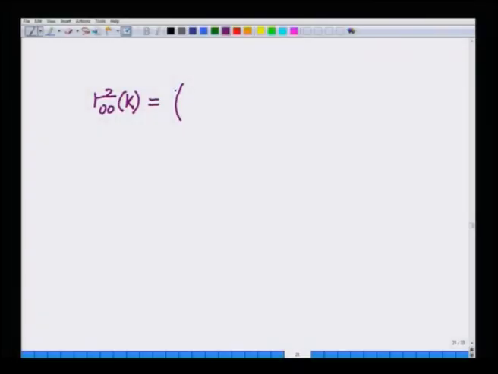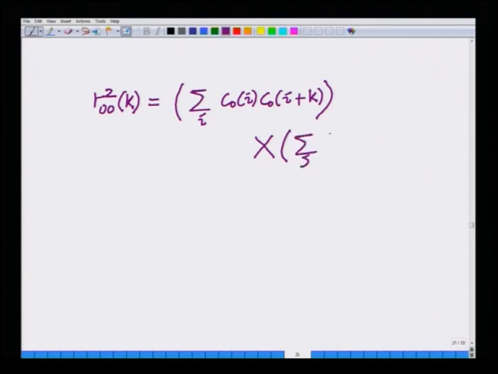So, R00 of k into R00 of k, that is summation over i of C0i into C0i plus k, into summation over j of C0j C0j plus k. Alright, I am taking two R00 terms, multiplying them with each other.